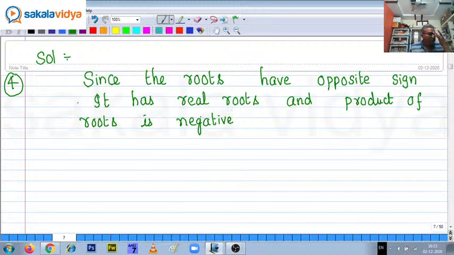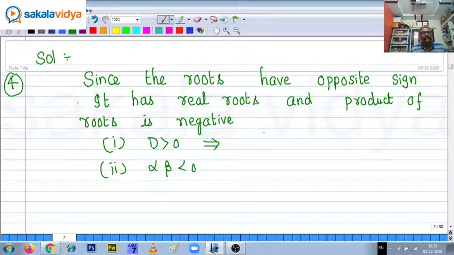Okay, now let us write it. First condition: real roots means D greater than 0. Second condition: if alpha, beta are the roots, alpha beta is less than 0. So D greater than 0. Here the equation is 3x square plus 2 times (a square plus 1) of x plus a square minus 3a plus 2 equals 0.